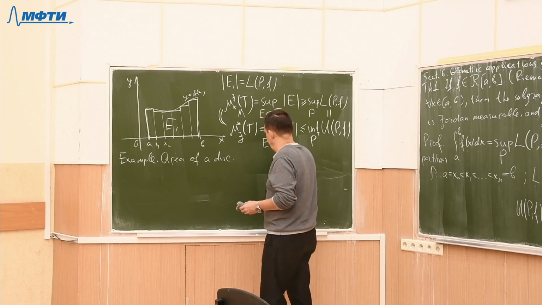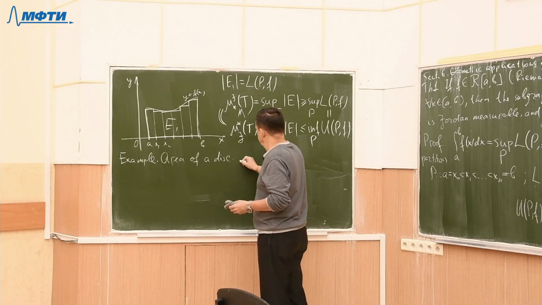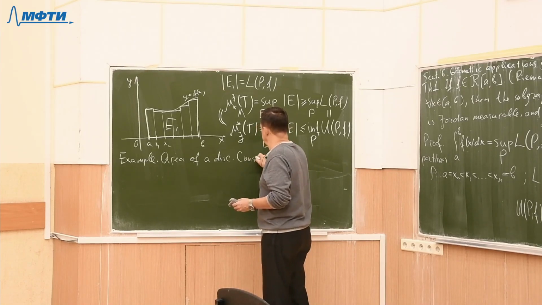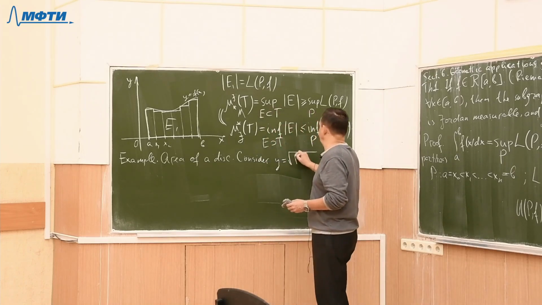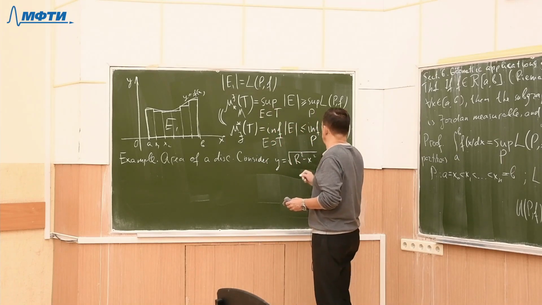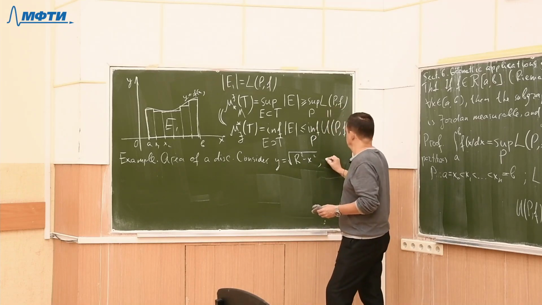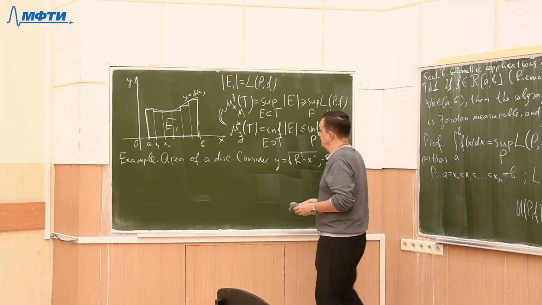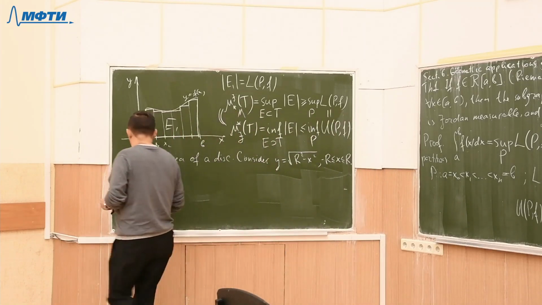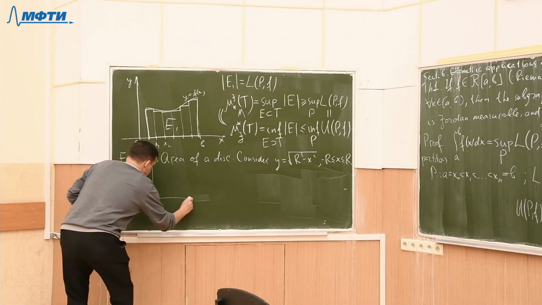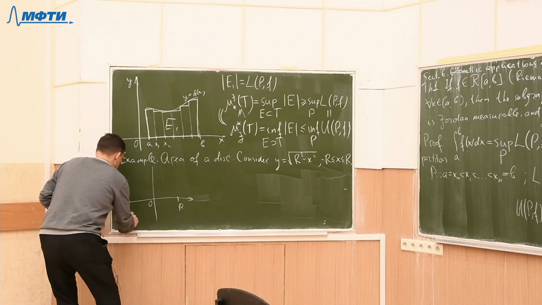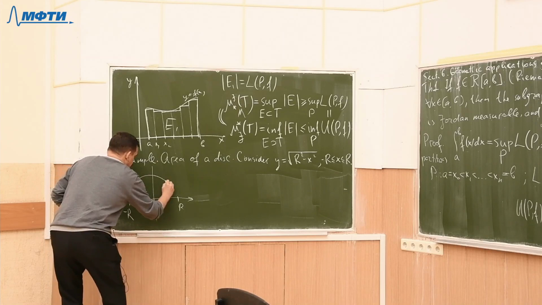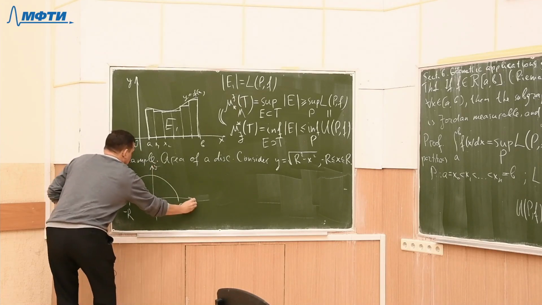So consider y equals the square root of r squared minus x squared, for minus r less or equal x less or equal r, right? It means that we have such a curve, right?